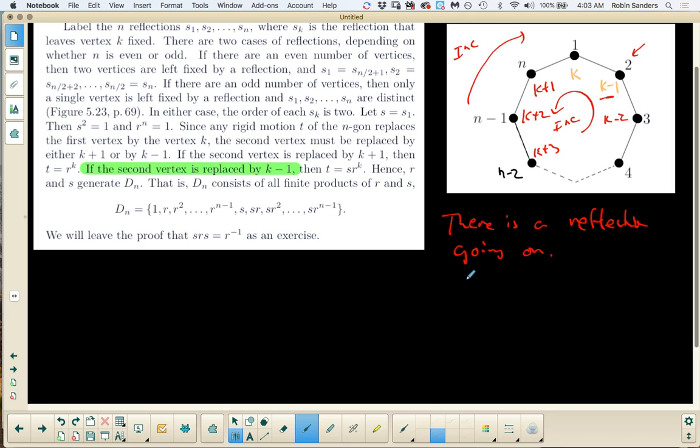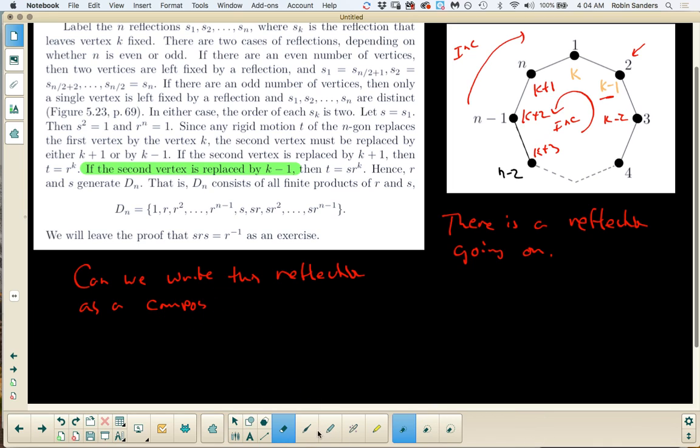Now the question is, can I write that reflection as a composition or a product of S and R to some particular power? I don't care what power it is. Well, let's put our thinking hat on.